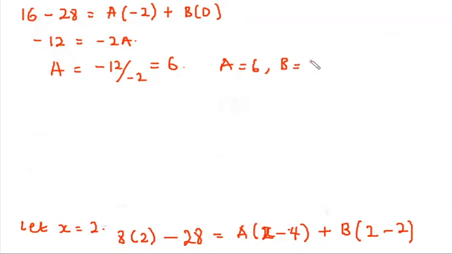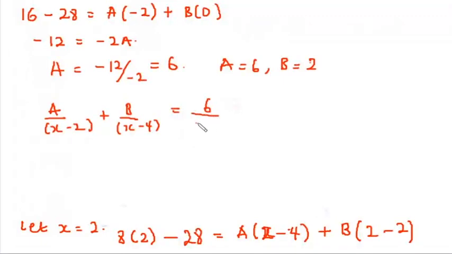So if we substitute these two values into the partial fractions that we got initially, a over x minus 2 plus b over x minus 4, we have 6 over x minus 2 plus 2 over x minus 4. Okay, so this is basically how you solve a partial fraction problem.